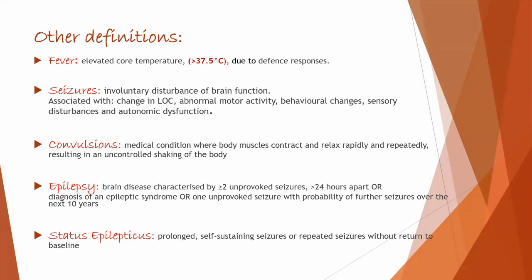It's a brain disease characterized by at least 2 unprovoked seizures, more than 24 hours apart, or it can be a diagnosis of a known epileptic syndrome, or if you have 1 unprovoked seizure with the probability of a further seizure over the next 10 years. And then status epilepticus, that is when you have a prolonged, self-sustaining seizure or repeated seizures without return to your baseline.